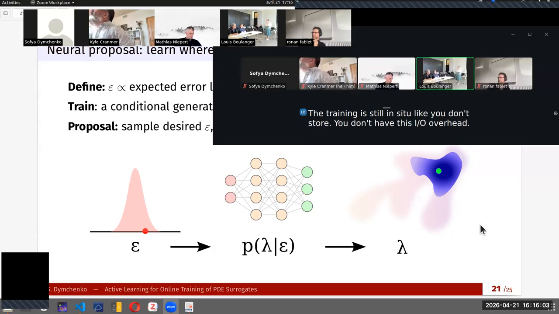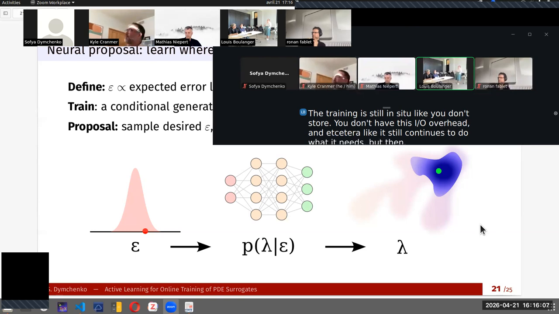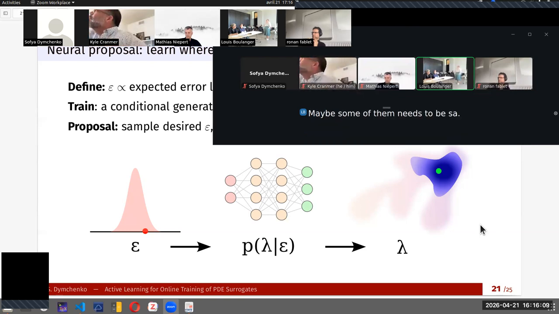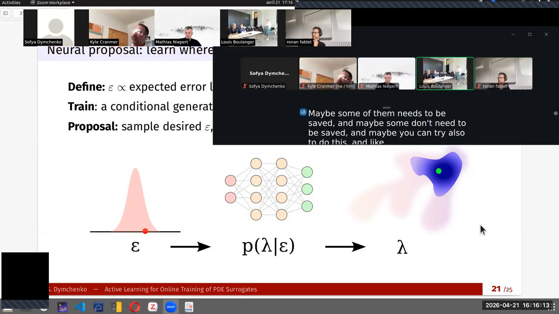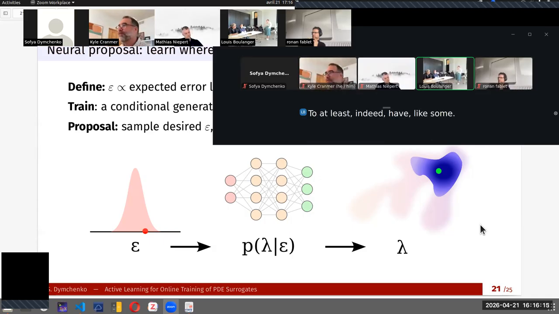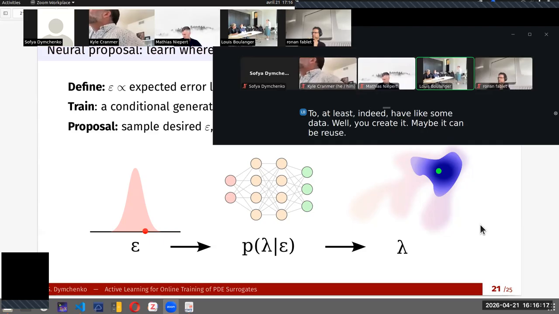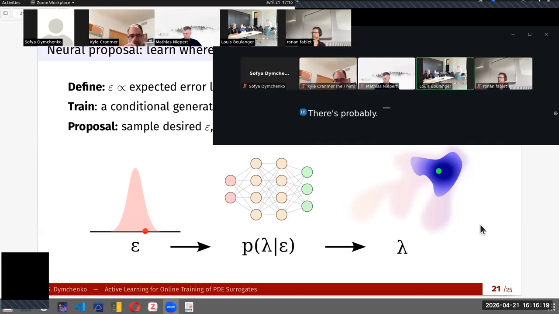It still continues to do what it needs, but maybe some of the data needs to be saved and some doesn't, and maybe you can try to do this, so that at least you have some data while you create it, and maybe it can be reused. There is probably a lot of things that can be done for this case. I agree. Yep.